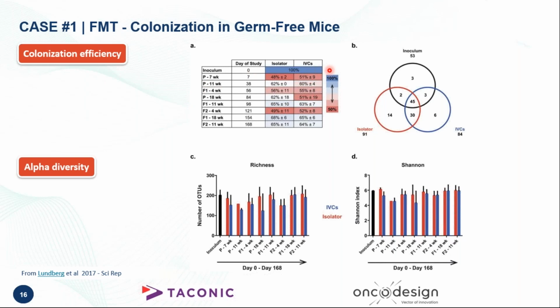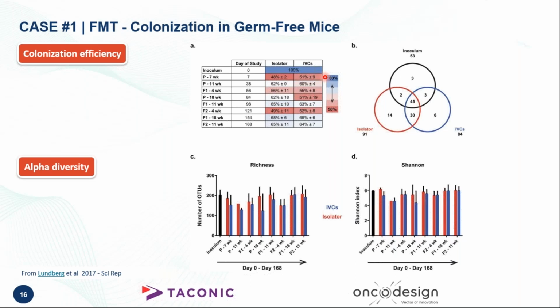So for example, in row 1, the colonization efficiency of parental mice, determined 7 days after inoculation, was 48% in the isolator and 51% in the IVCs respectively.